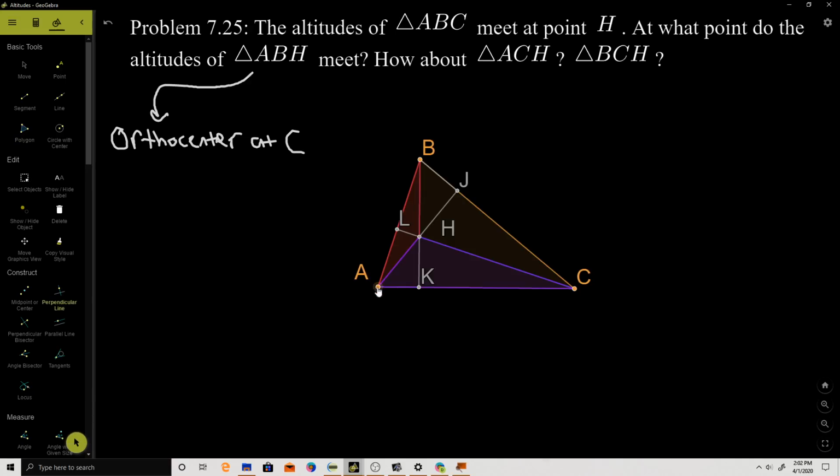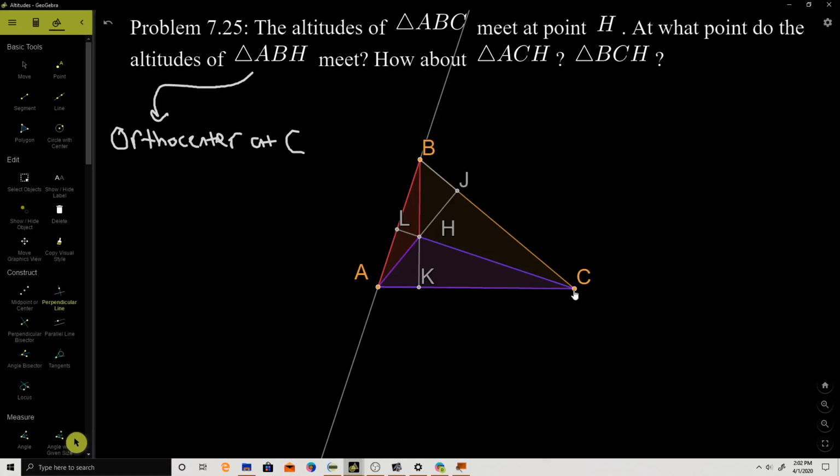So if I draw the altitude from A, it has to hit the base HC or be 90 degrees from it. Whoa, well that's meeting this way. I mean, it makes sense. CL is an extension of CH, the base, and A is making a 90-degree angle at CL. Therefore, 90 degrees with the base. Okay.